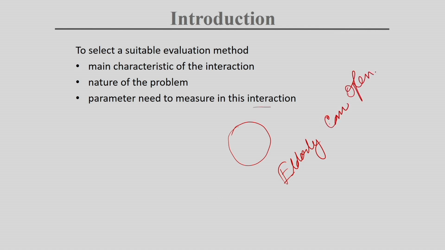So we have to think about what their ability is. If we think about their ability, what parameter, how much force can they exert? So the parameter we need to measure in this interaction is how much force this population can exert.